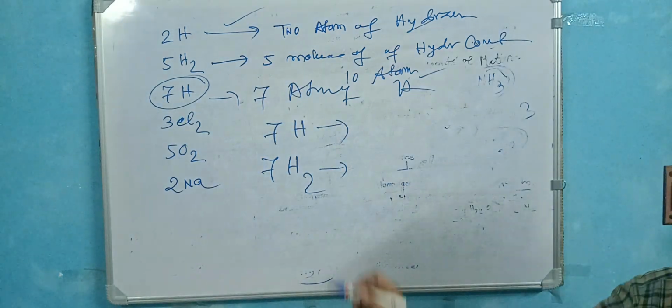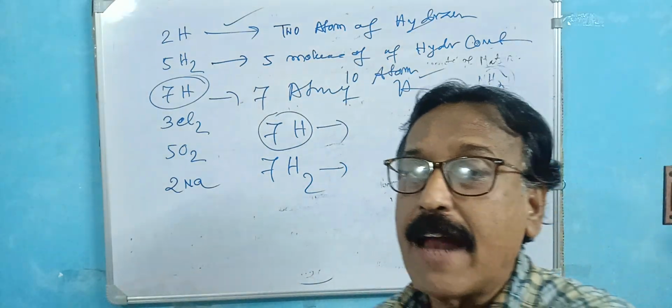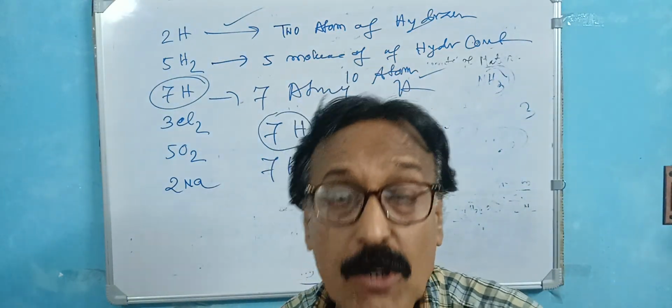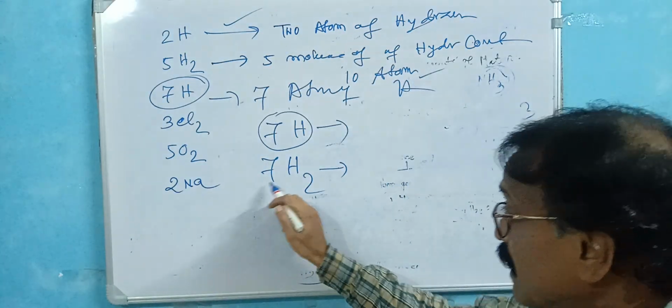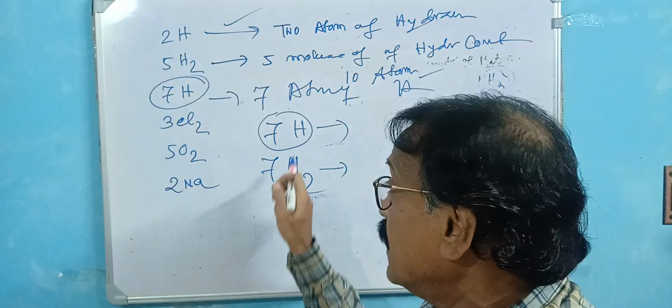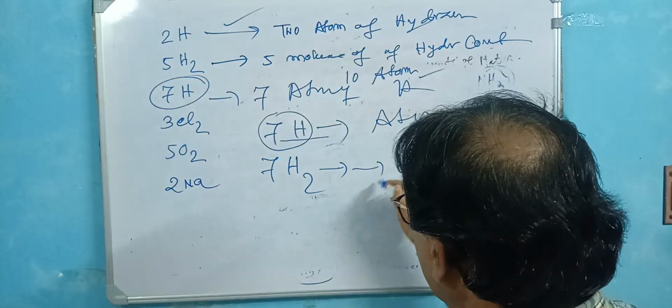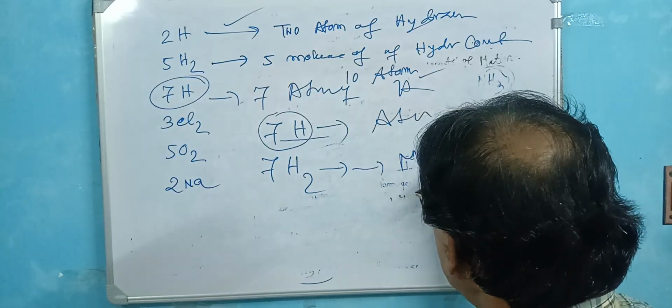This is the atomic stage. 7H means only 7 atoms of hydrogen. The molecule is not formed. But 7H2 means 7 molecules, the molecule is formed. এটা কিন্তু atomic stage. This is the atomic stage and this is the molecular stage.